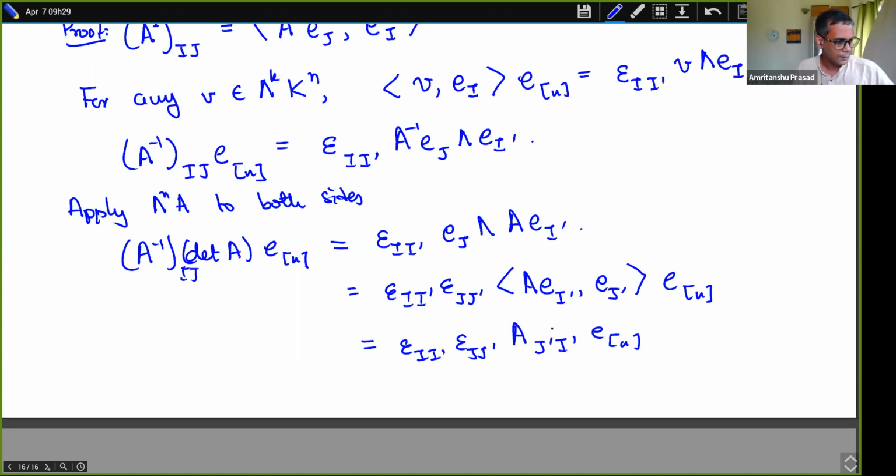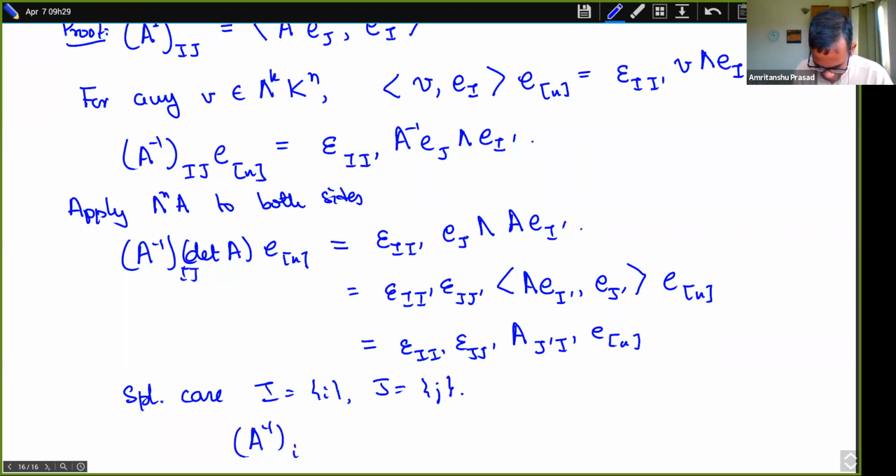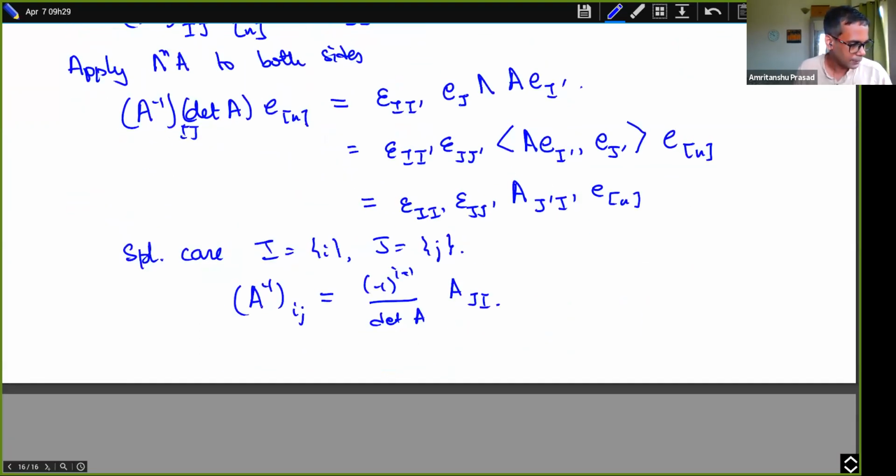So that's a special case. A inverse ij is minus 1 raised to I plus j over determinant A ji. So that's our rule for inverting matrices.